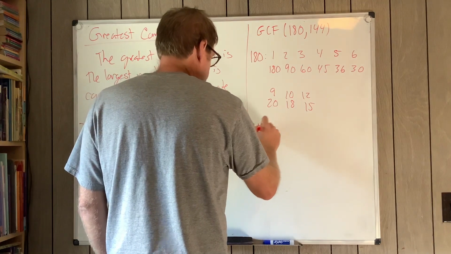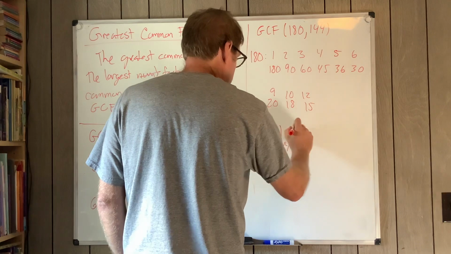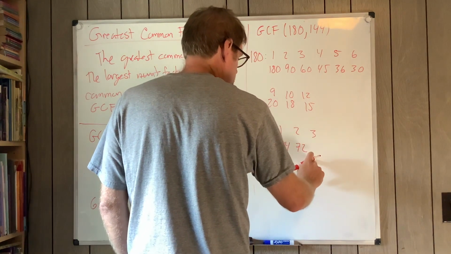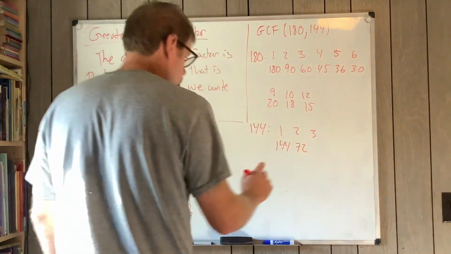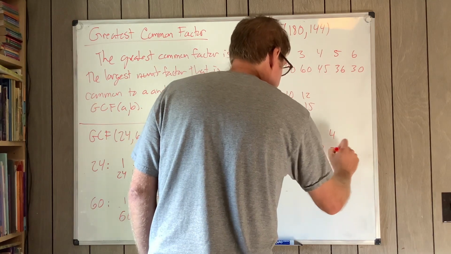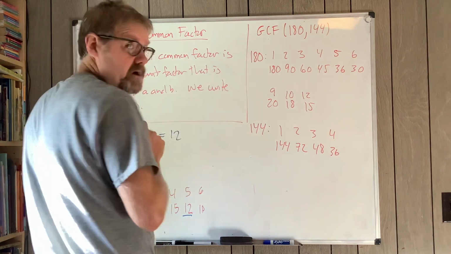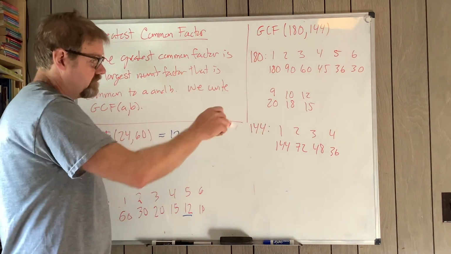Okay, let's look at 144. 1 and 144, 2 and 72, 3 and 48, 4 and 36. I'm doing some checking on divisibility tests here mentally, and then trying to figure the other ones out.